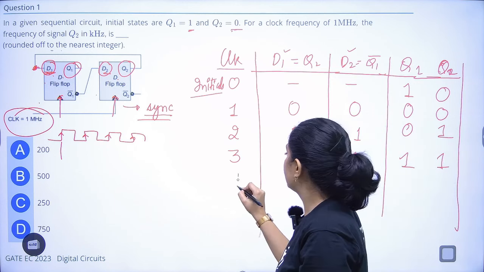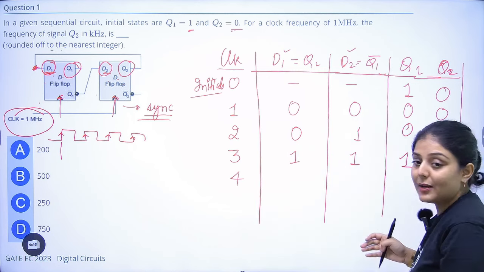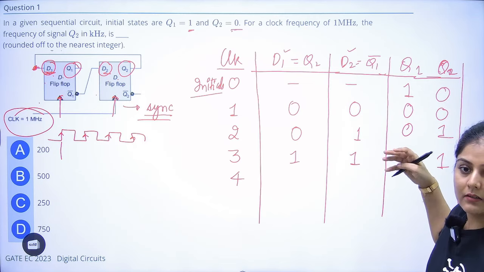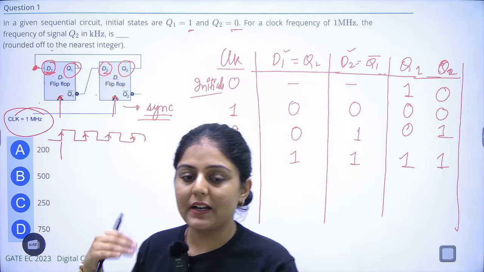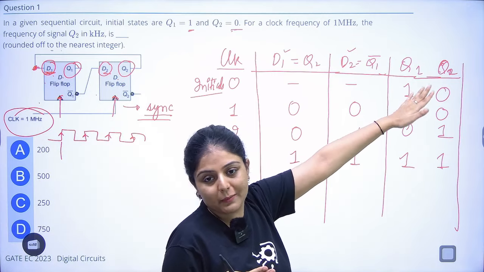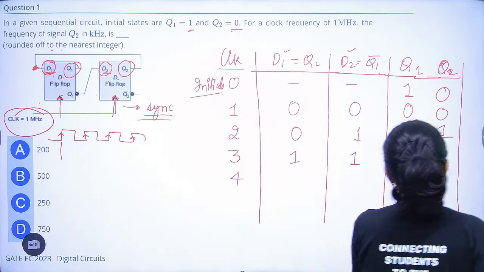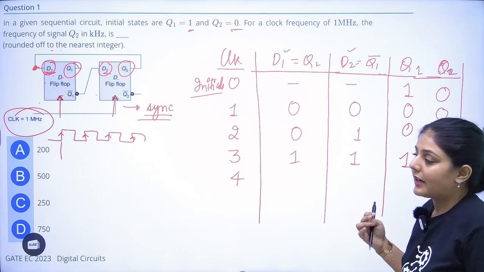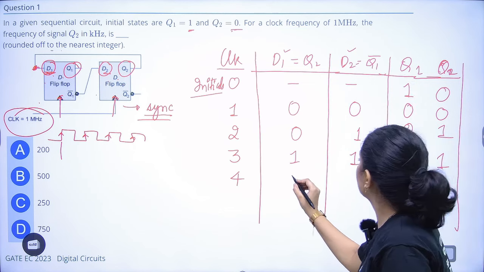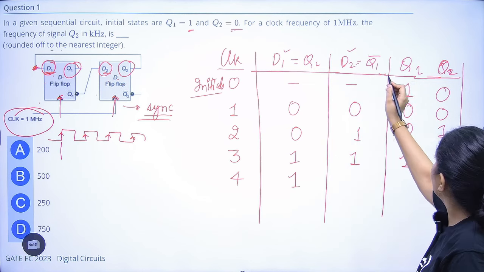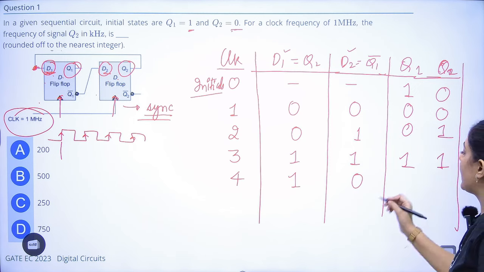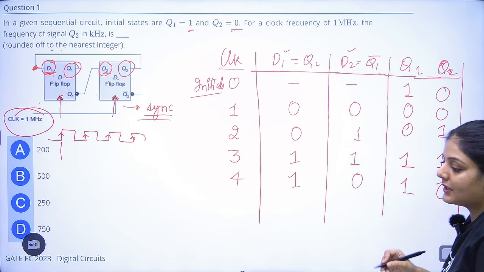Fourth clock pulse. We have to repeat these clock pulses until the complete cycle of output repeats itself again. So we have to count up to that. D1 is equal to Q2, so Q2 is equal to 1. D2 is equal to Q1 bar, so Q1 bar is equal to 0. Now output is 1 and 0 again.